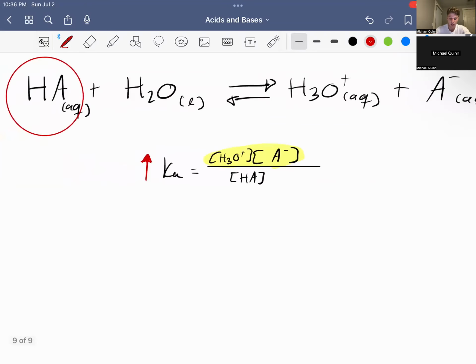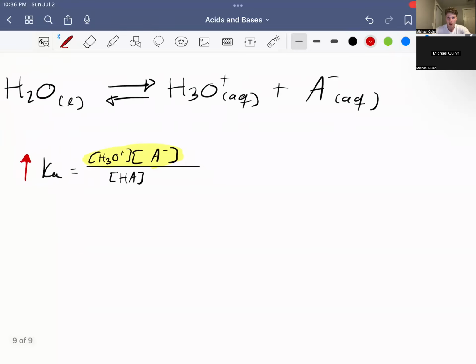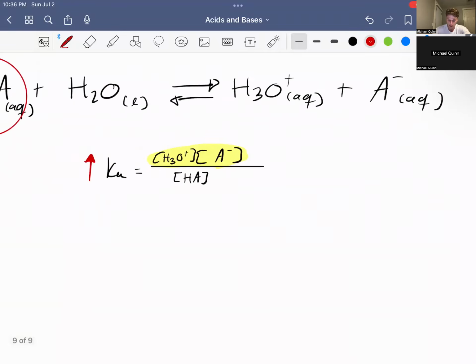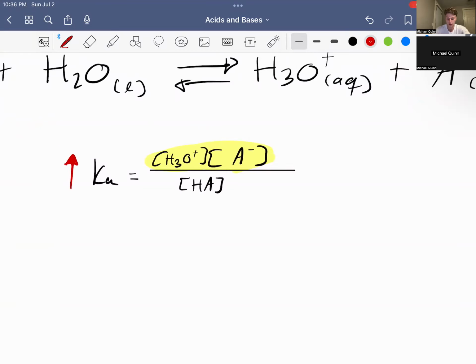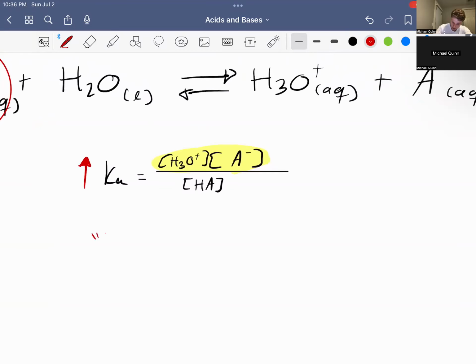So if this HA donates a lot of its hydrogens, we will see a lot of products form, and therefore in our K expression, Ka will get bigger. So the larger the Ka, the stronger the acid.